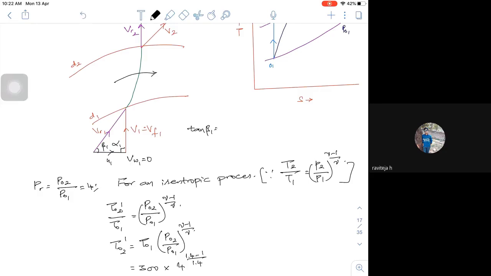My tan beta 1 is equal to Vf1 by the corresponding u1. Here Vf1 is equal to Vf2, which is 60 meters per second, given in the numerical. So substitute the value of Vf1 and u1, take tan inverse of it, and you will get the corresponding beta 1.